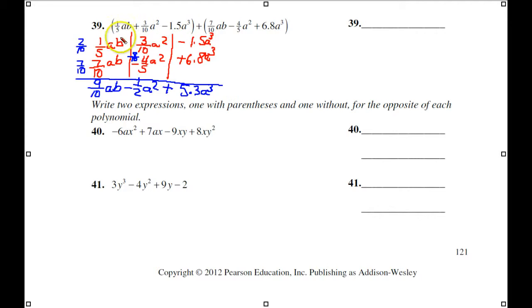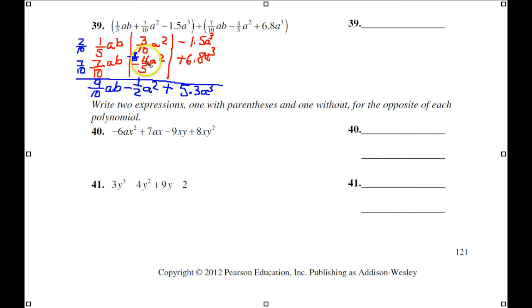Now, as we look at this, again, I put them in like term columns, but we also needed to have equivalent fractions so that we can actually deal with the fractions. So here 1/5 becomes 2/10. So 2/10 plus 7/10 is 9/10.